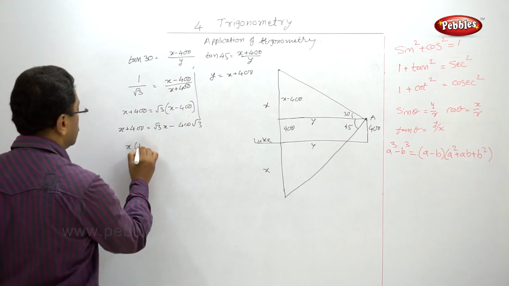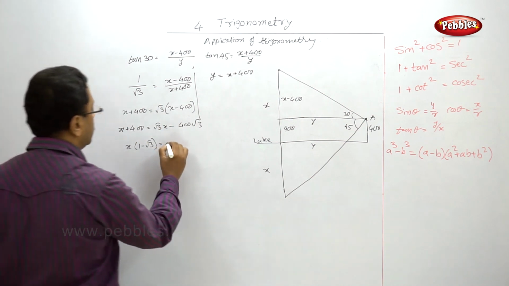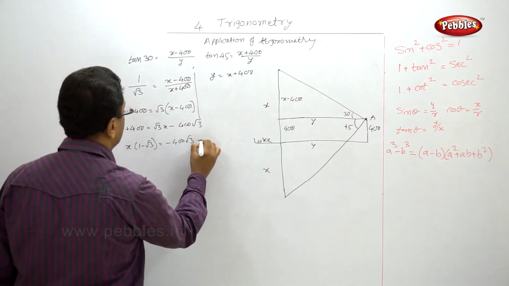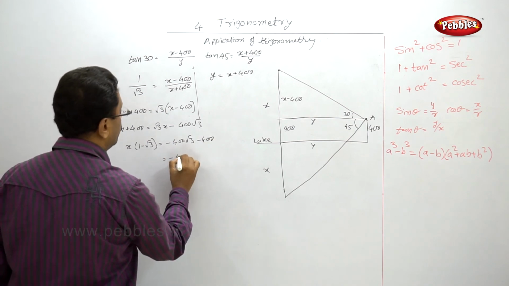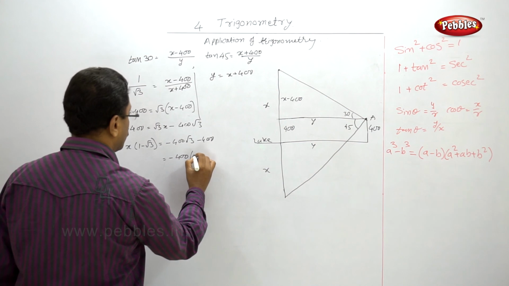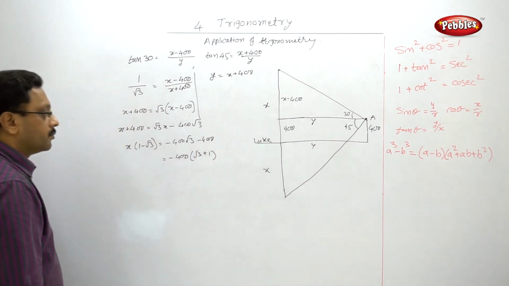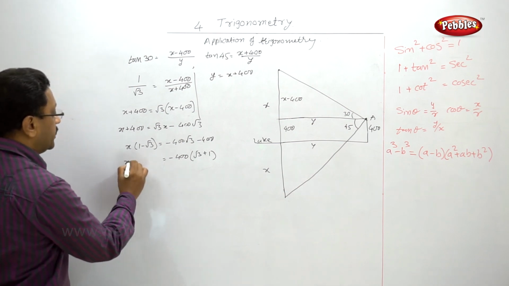So x is common, 1 minus root 3 is equal to minus 400 root 3 minus 400, that is nothing but minus 400 into root 3 plus 1, and on this side we'll have x.